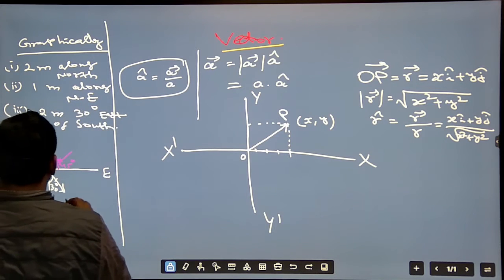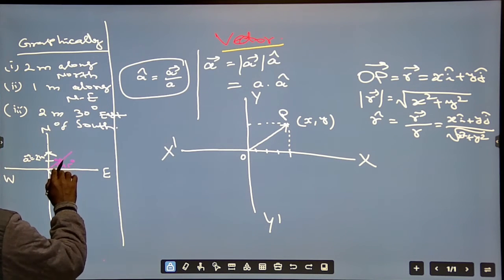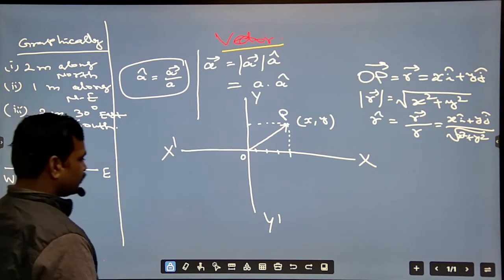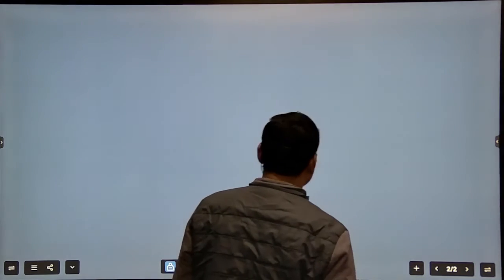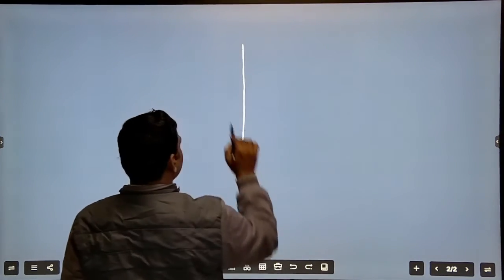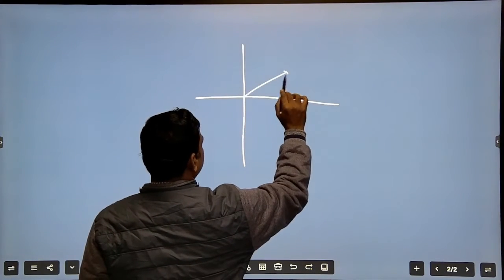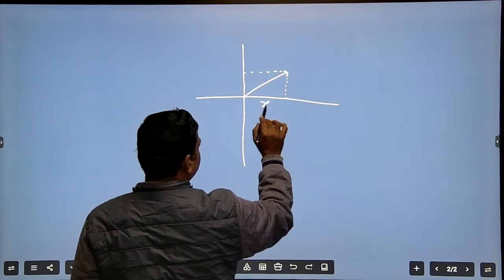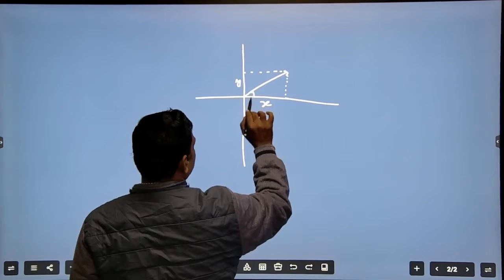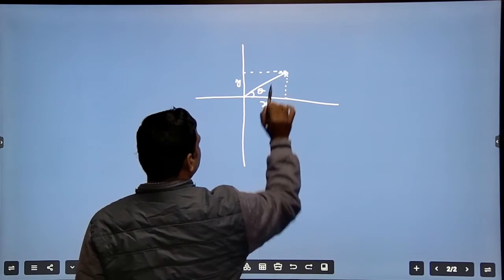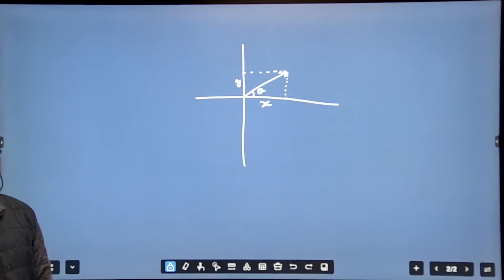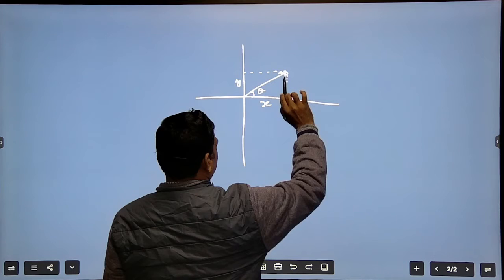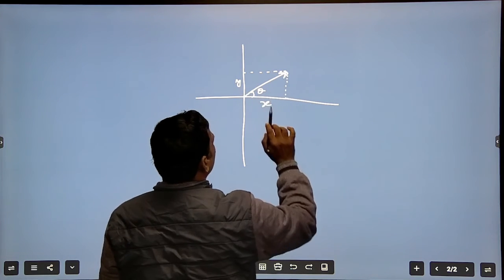Then also we can find out its different components along x-axis or y-axis. We'll take one example. Suppose there is a vector represented like this. We have to draw the perpendicular to the respective axis. So this is x, this is y. Suppose this is making an angle theta. So this vector can be split into two rectangular components.